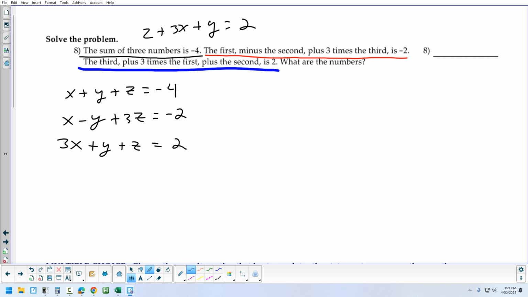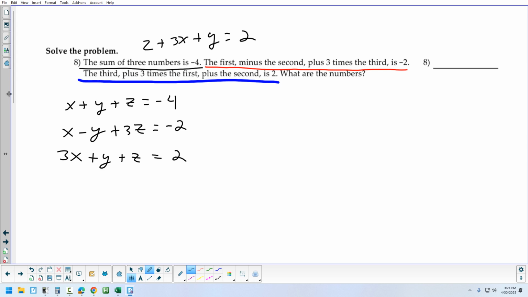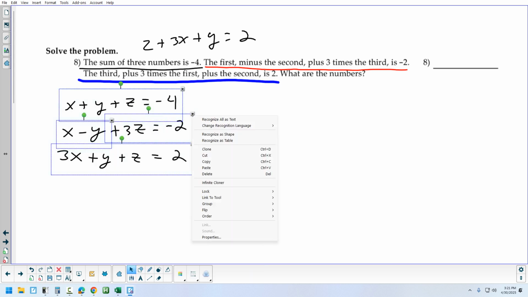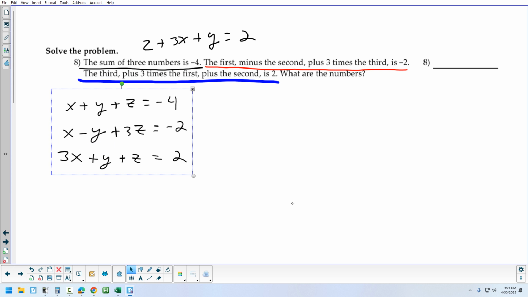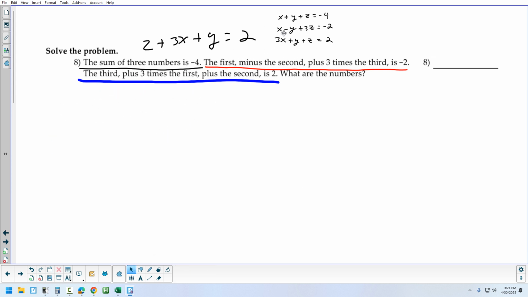If we're gonna solve it with a matrix, that's the first thing. We wanna write everything down as just numbers without letters. We don't have a ton of space, so I'm gonna take all these, make them a little smaller and move them. Let's put those up here.